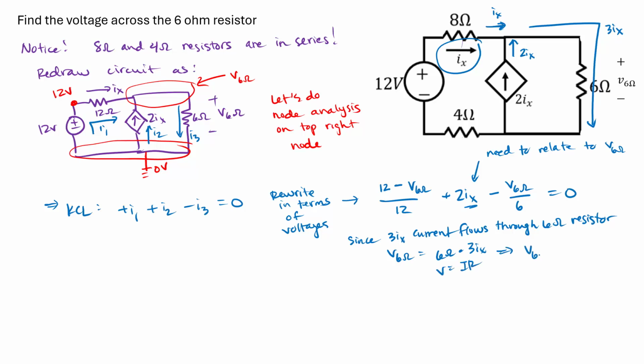So therefore, the voltage across our 6 ohm resistor must be equal to 18Ix. Or we can say Ix is V6 ohms divided by 18. So you needed to do a little clever Kirchhoff's current law here in order to recognize that. But once you have that bit of information, you can substitute it back in and solve.